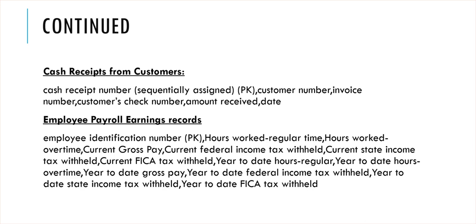So this is where we're talking about security. The employee payroll earnings record has to have some link and include your Social Security number. Why does it have to have it there? Because at the end of the year, they're going to report to the IRS what your total amount of withholding was for federal income tax.